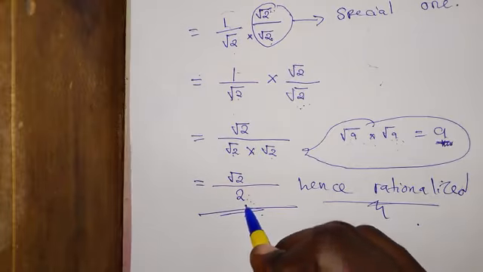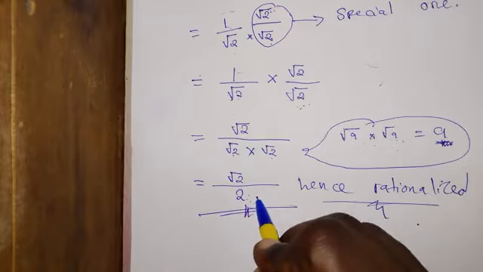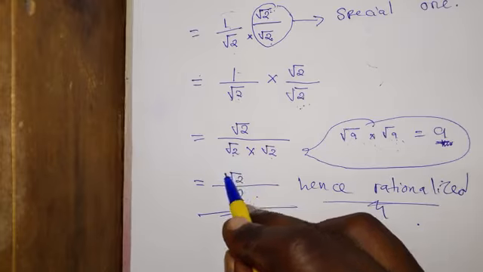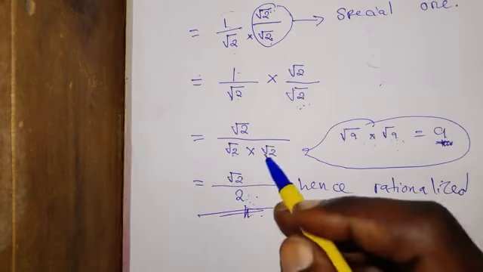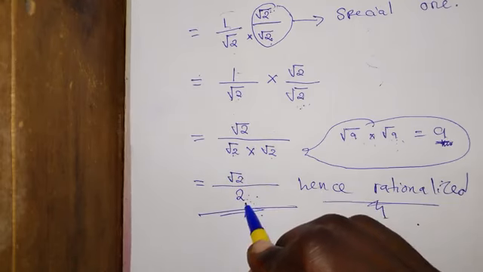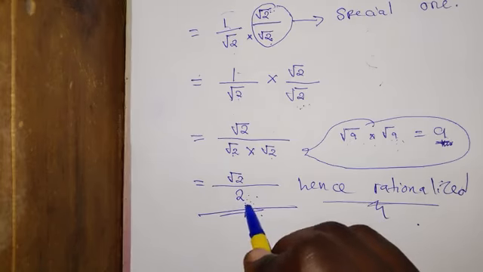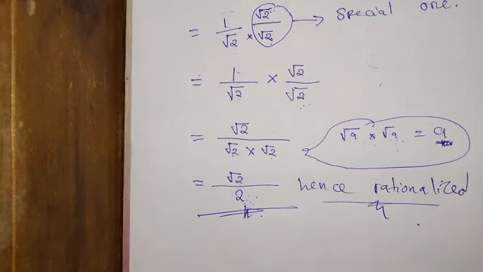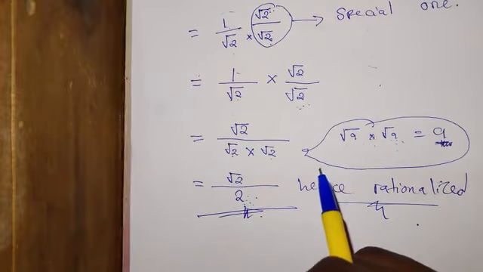So hence this expression has been rationalized. We don't care about the numerator because our question said rationalize the denominator. And my denominator is free from a radical.